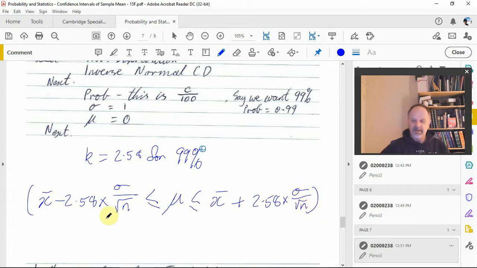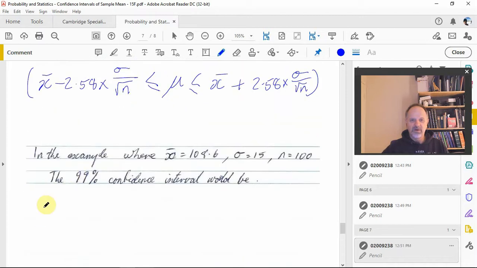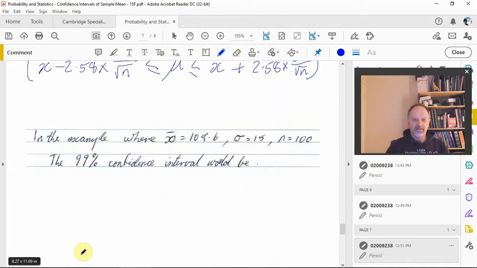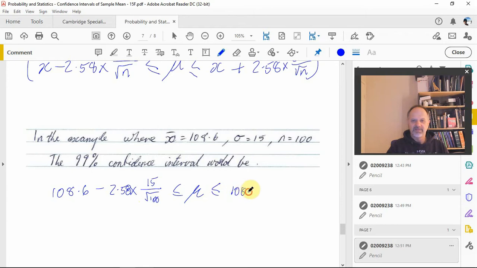All right, so in the example that we've used before, our confidence interval would be 108.6 minus 2.58 times sigma 15 on root 100, and the population mean is between there and 108.6 plus 2.58 times 15 on root 100 again.